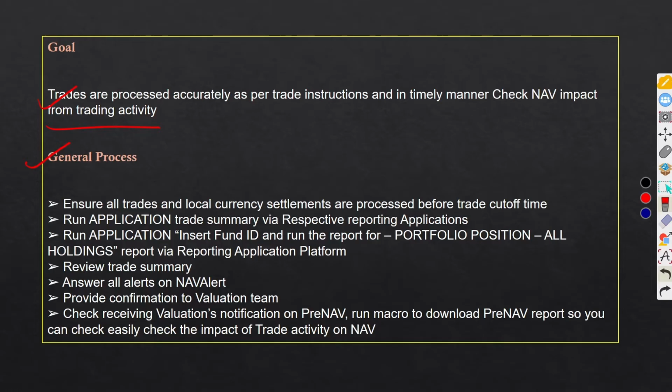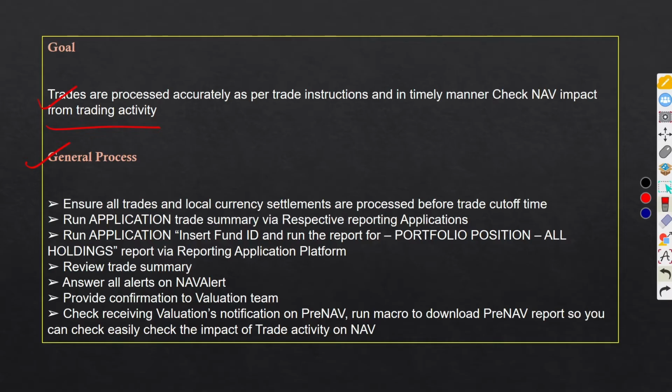Run the application trade summary via the respective reporting applications. Run the application, insert your fund ID and then the portfolio number, and you can generate the reports. Review the trade summary and answer all alerts, meaning messages or emails, if you have any. Then provide confirmation to the valuation team and check that you receive the valuation notification on pre-NAV.